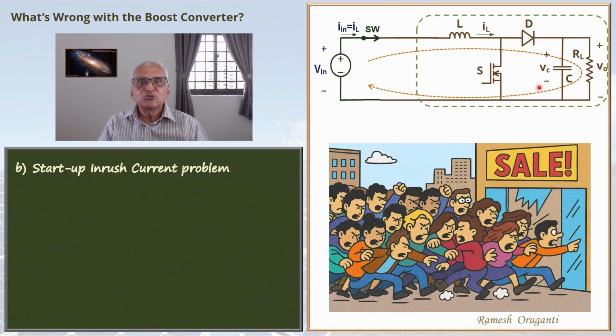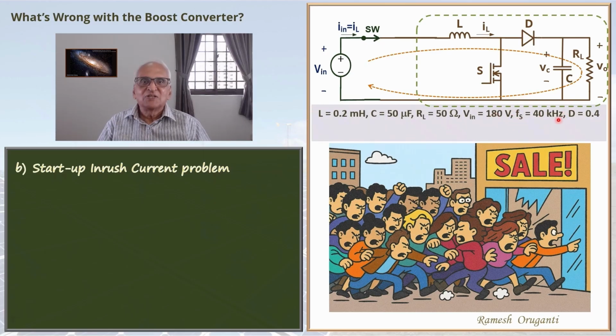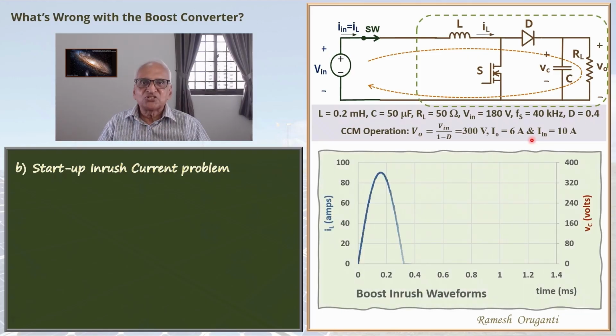Taking some values for the components of the boost converter and the parameters of the boost converter, that is the duty cycle and the switching frequency, the steady state output voltage and the output current and input current are given here, but we are looking at the initial transient of the converter. We can run a simulation.